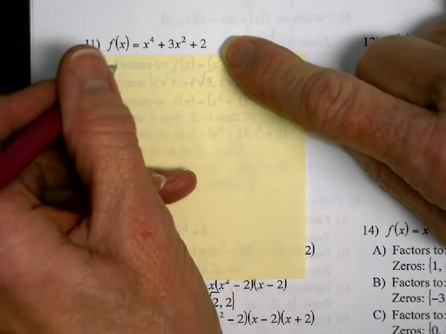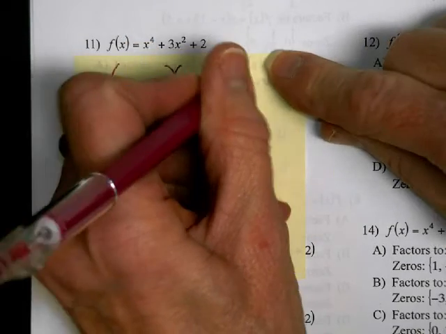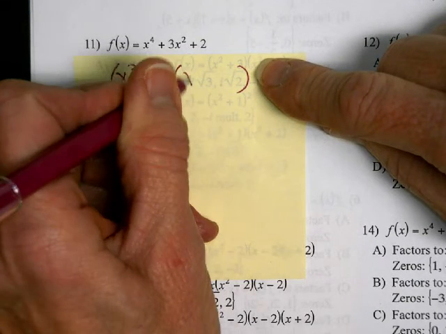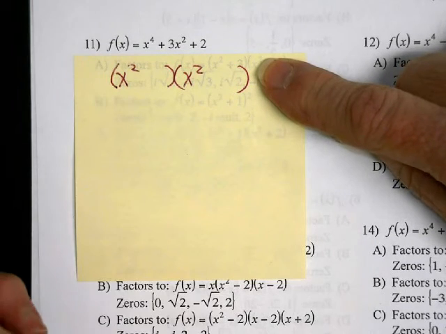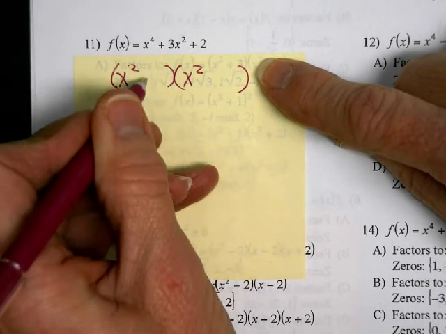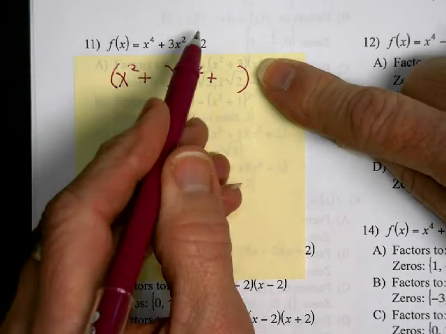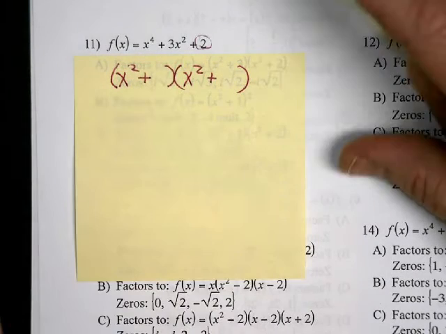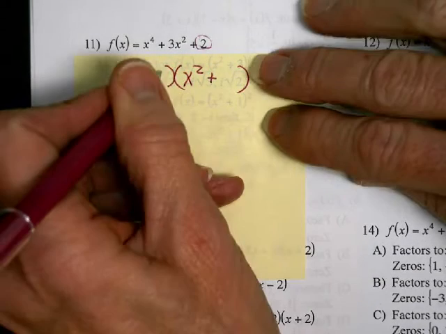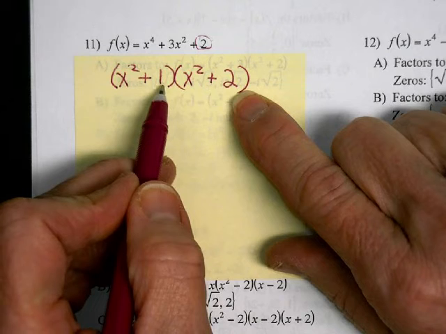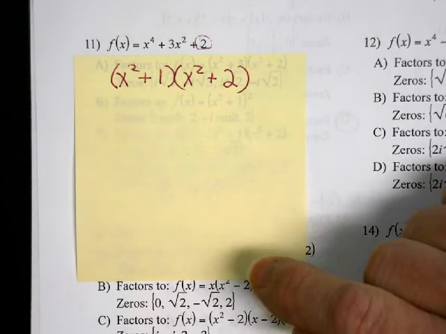So the trick to these 4th power with just 3 terms is, you know, x to the 4th is x squared times x squared, so that's good. Everything's positive, so you'll be adding numbers together. And the factors of 2, there's only 2 factors of 2, 1 and 2.